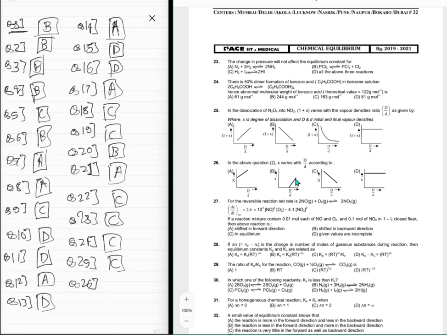In the above question, x varies with capital D upon small d according to, okay, so you've got how 1 plus x varies. How does x vary with capital D? Capital D upon small d, we'll just call that y. So y times 1 plus x is a constant, say c.